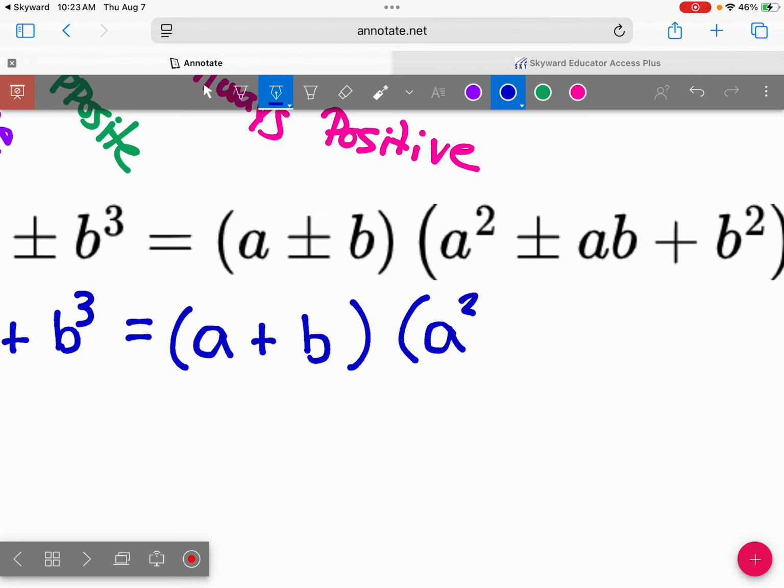Our opposite sign, so instead of a plus, we use a minus, the product AB. And then it's always a plus, and the last piece squared, B squared. So the chunks themselves are exactly the same: A squared, AB, B squared. It's the signs that change.